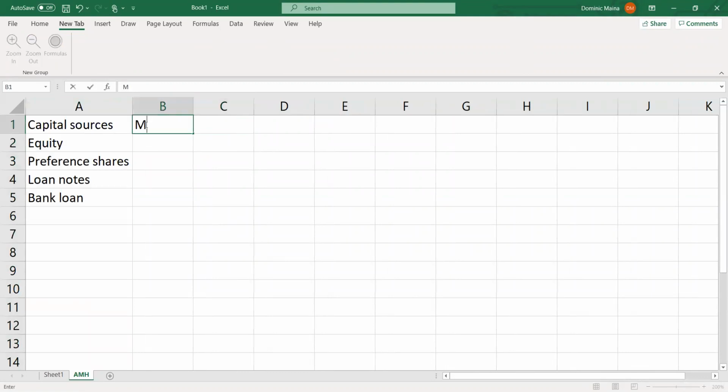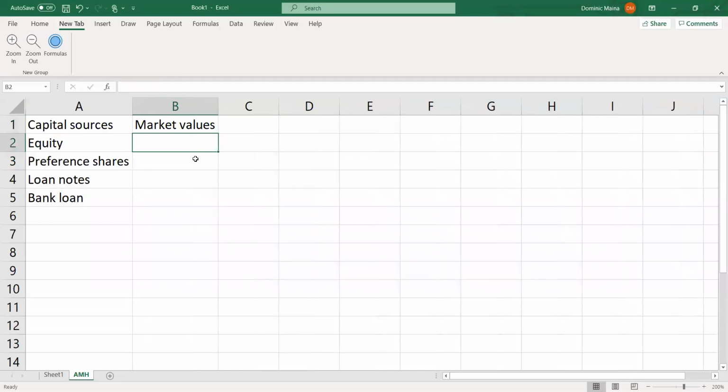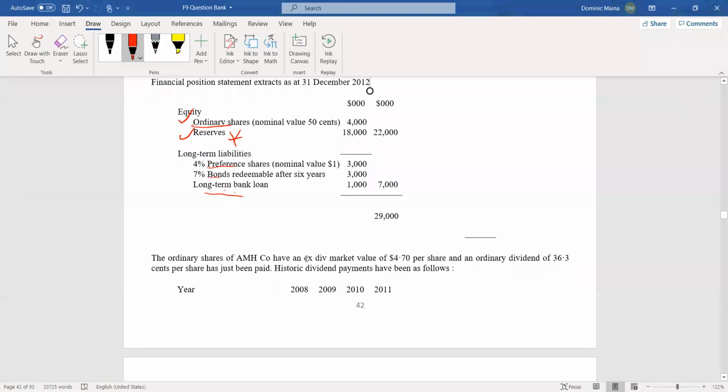Next, you can get the market value from each of those capital sources. So market value of equity. Going back to the question, the ownership capital has a market value of 4.7.